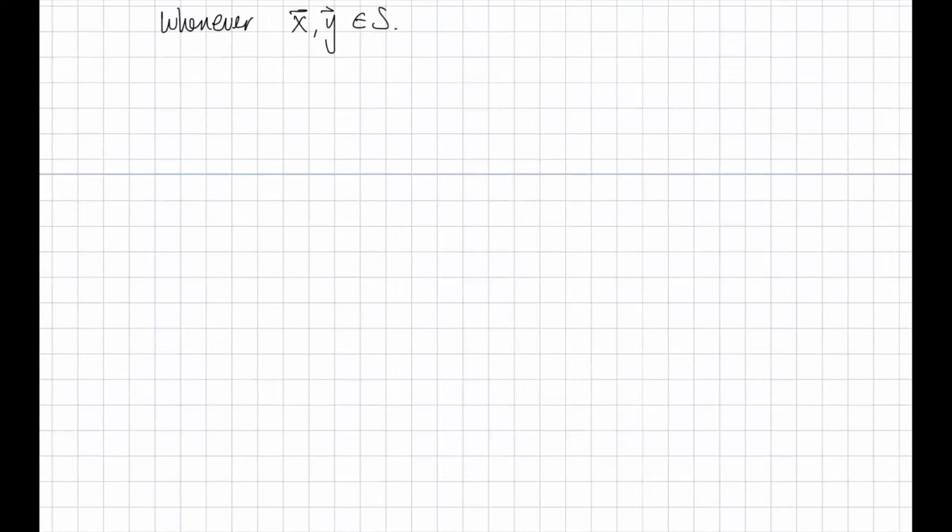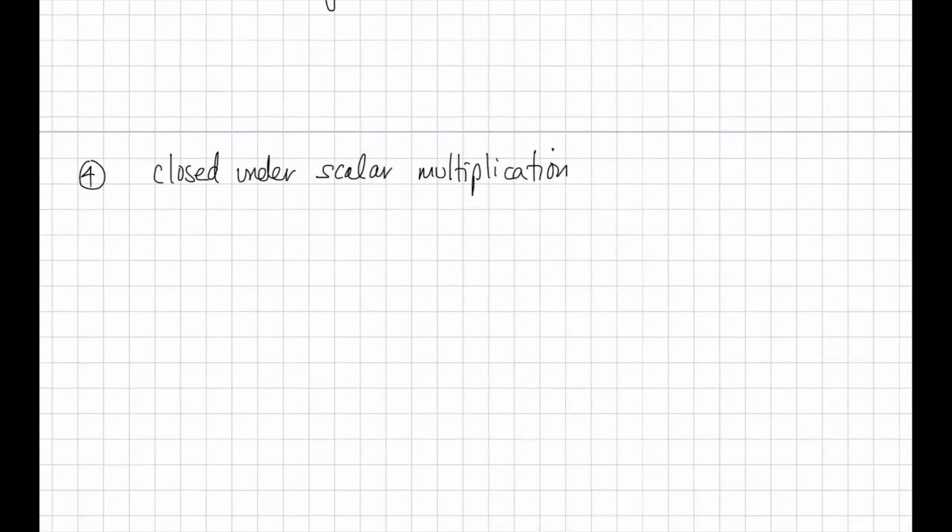All right, last step. 4. This is closed under scalar multiplication. Let's see.